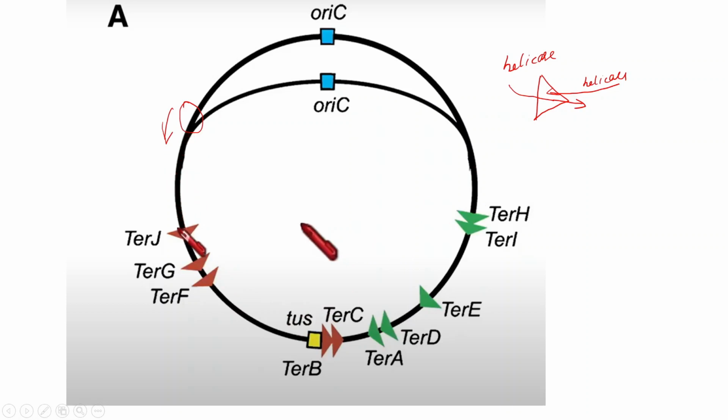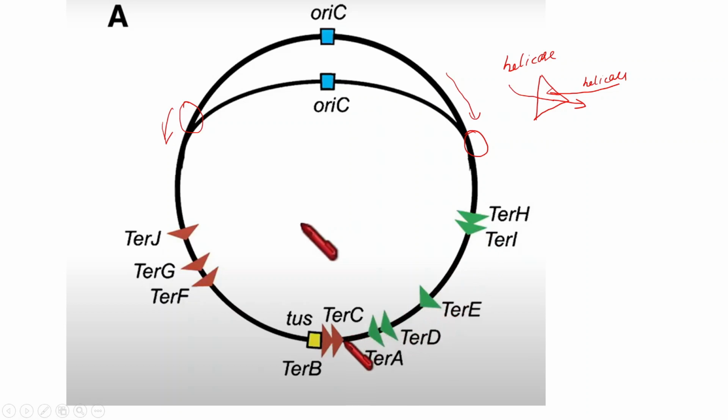As this helicase proceeds, it can move through these proteins, and on reaching here it faces the pointed face of the TER proteins on the other side, and that helicase cannot move further, and the replication that proceeds in this direction stops here. In a similar way, the other helicase that is moving in this direction, unwinding the DNA, can easily pass through all these TER proteins.